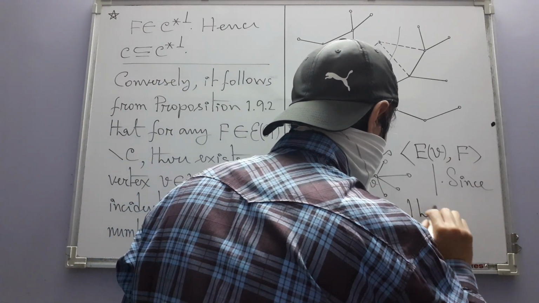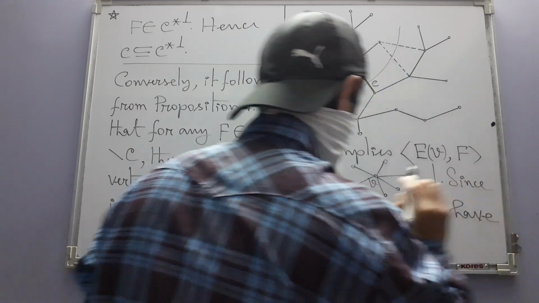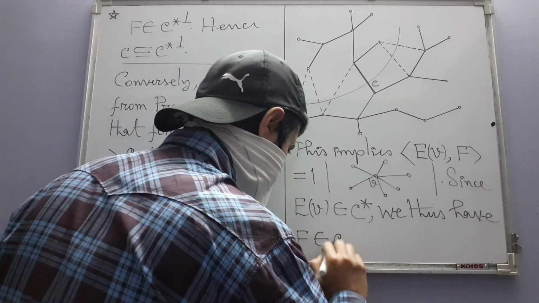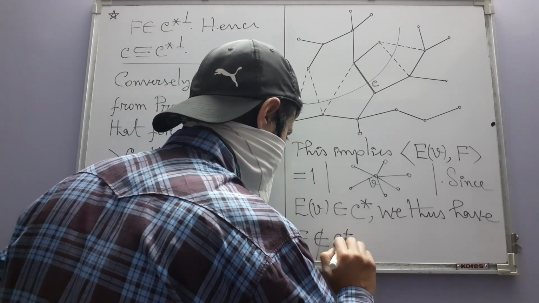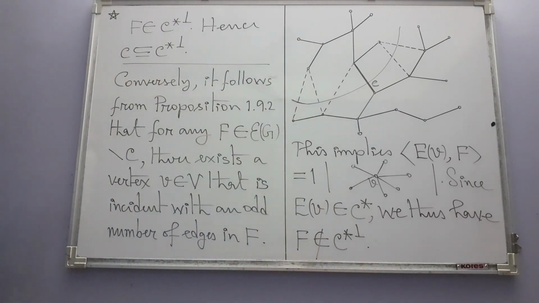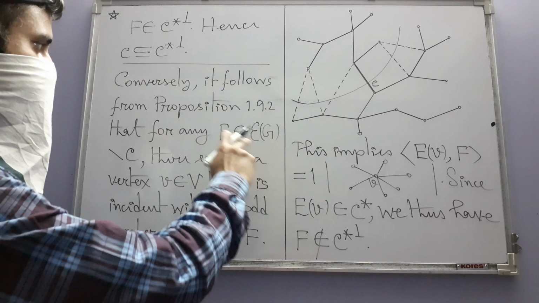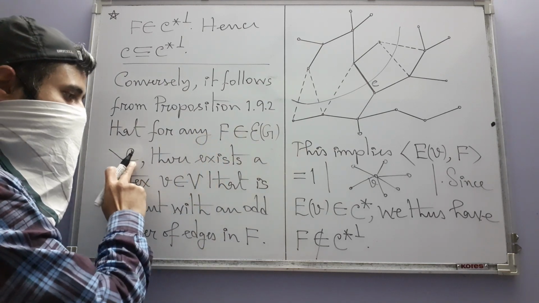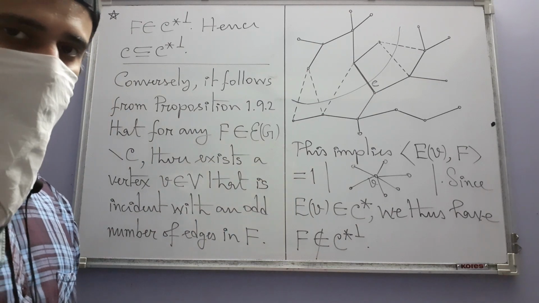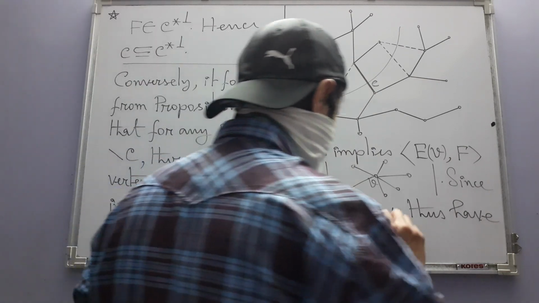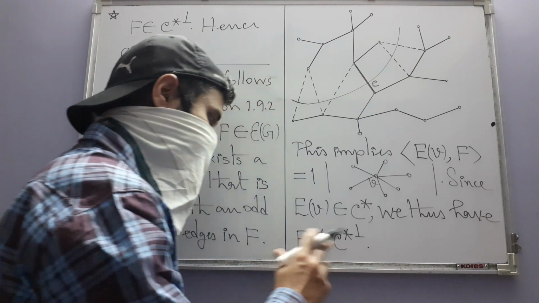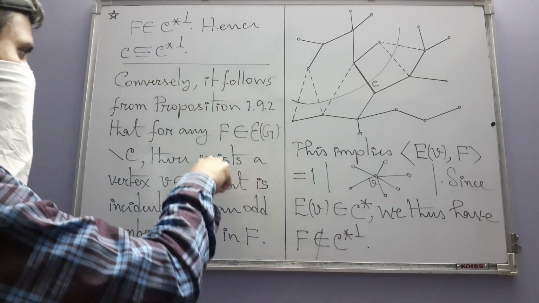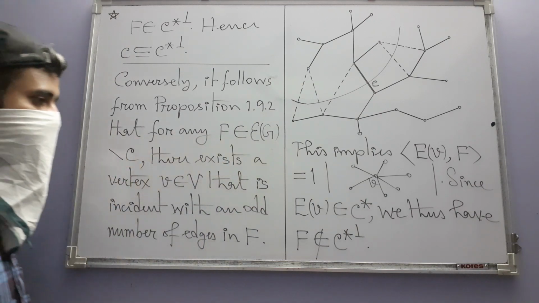We thus have F not belonging to the orthogonal complement of C star. In other words, if we have taken F to be not in C, then it is not in C star perpendicular or C star orthogonal. The contrapositive of this statement is that if F belongs to this, then F has to also belong to this.